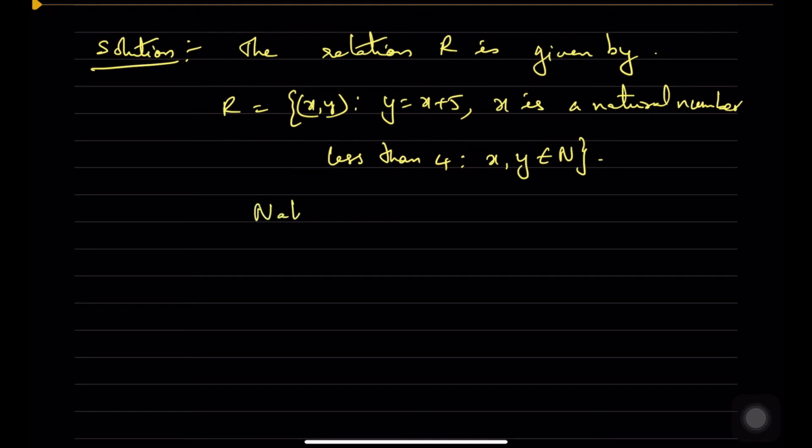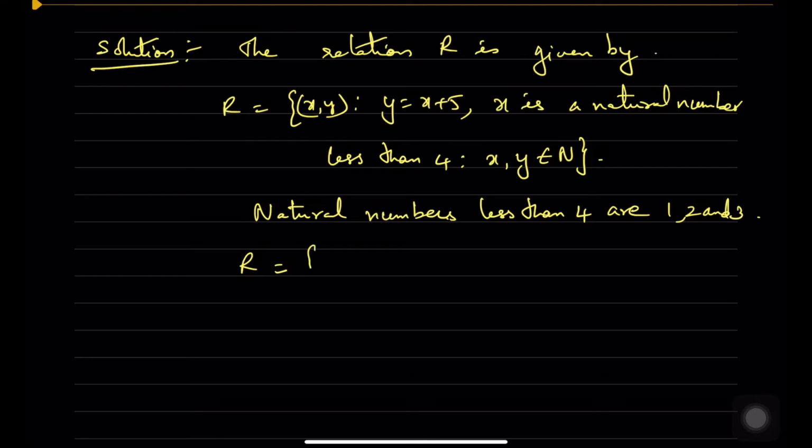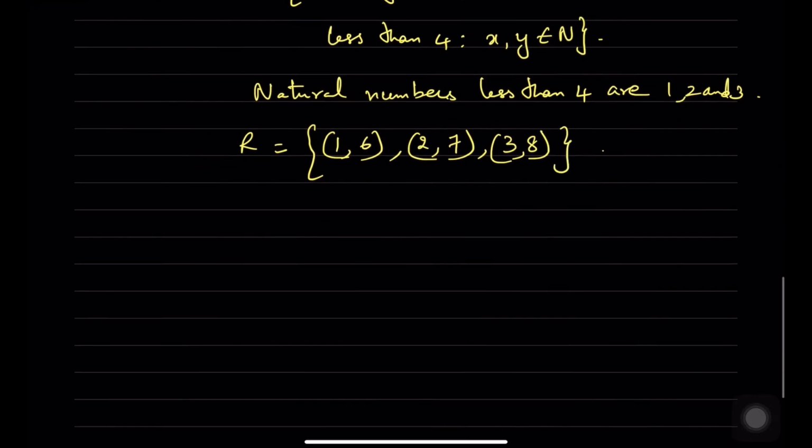They are 1, 2 and 3. So R is nothing but (1, x plus 5), that is 1 plus 5, which is 6. If x is equal to 2, y is equal to 7, and if x is equal to 3, y is equal to 8. So this is the relation which we have.